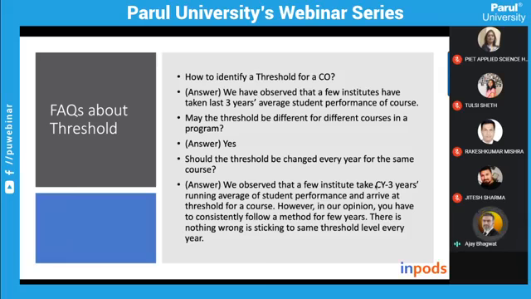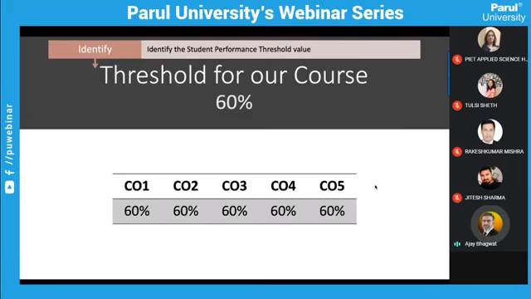And because the number will vary, you will not be able to recognize whether there was any positive change there, or whether there was a negative change, and whether there is a need for corrective actions, remedial actions. That cannot be determined if you change the threshold value every year. So it defeats the purpose of outcomes-based education.